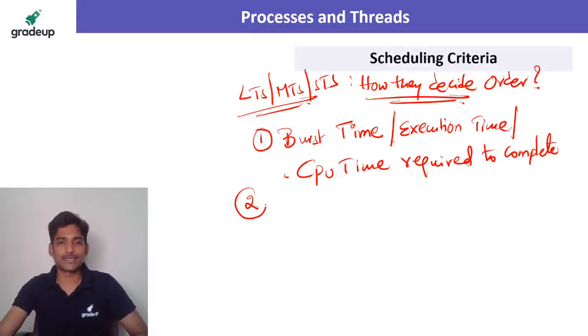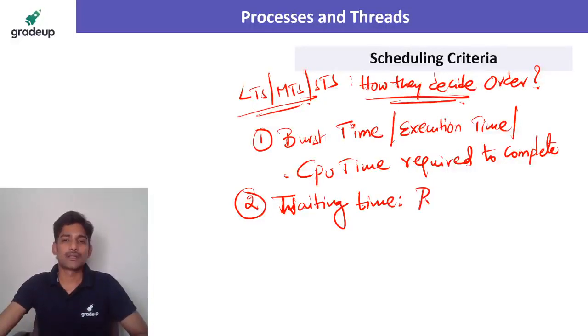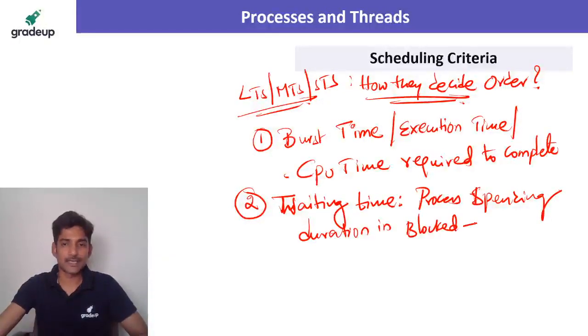And another parameter we can have is waiting time. Waiting time means the duration the process spends waiting, that is, in the blocked state plus the ready state.